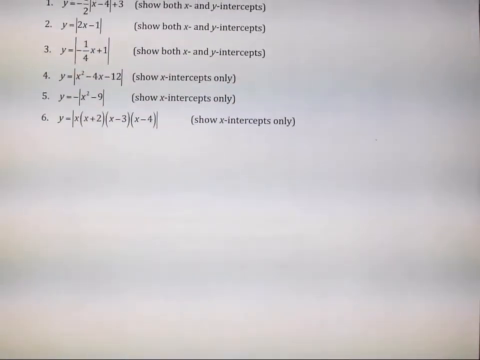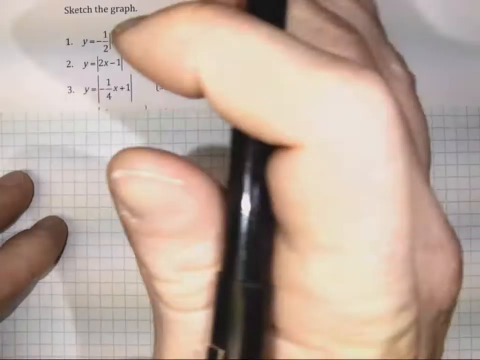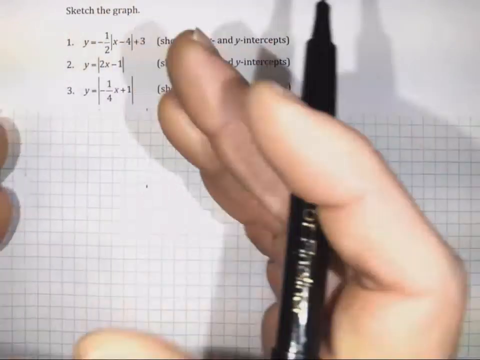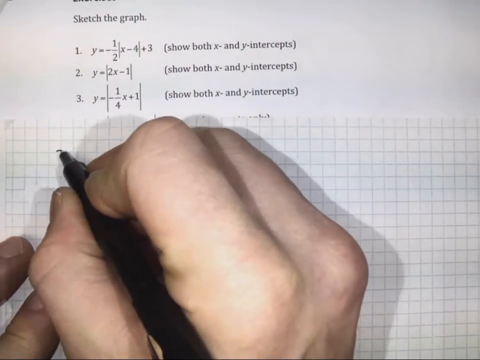All right, so question 3 reads, well, it looks kind of similar to the last question here. So in that we've got a graph on the whole function on the inside of a set of absolute value functions.